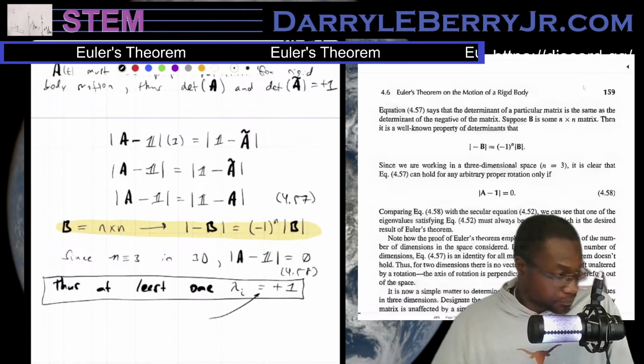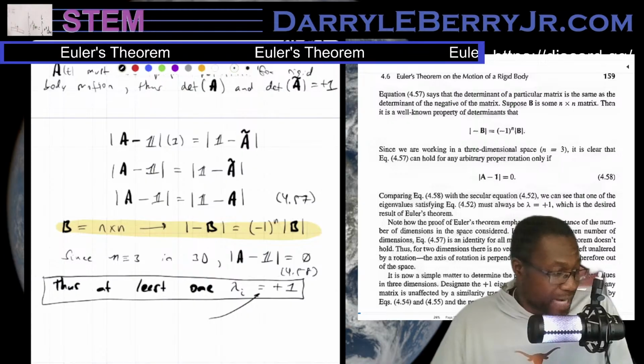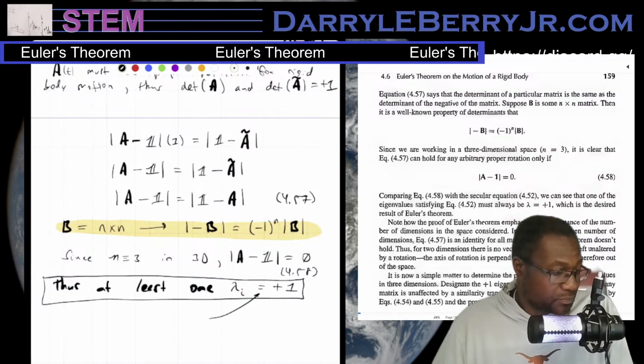It is now a simple matter to determine the properties of the other eigenvalues in 3 dimensions. Designate the +1 eigenvalue as lambda 3. The determinant of any matrix is unaffected by a similarity transformation.